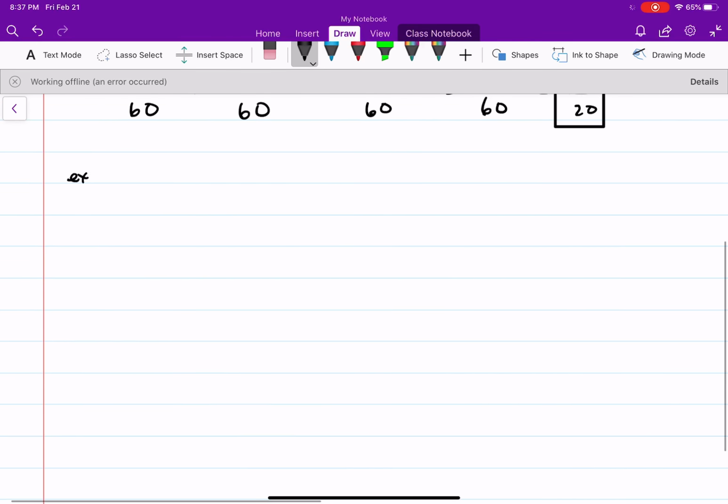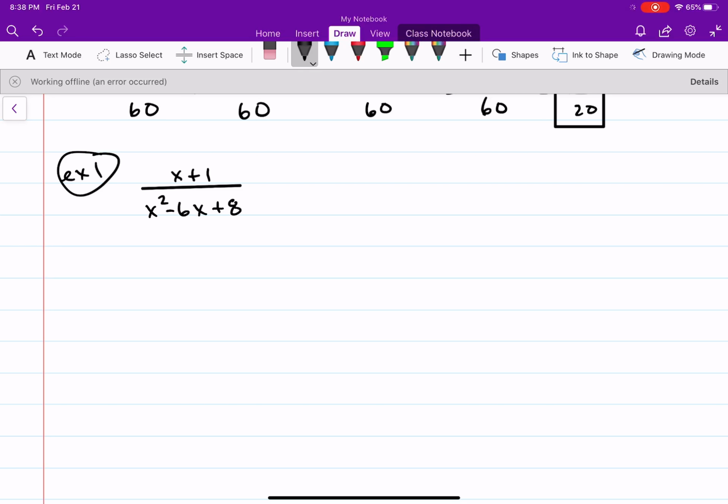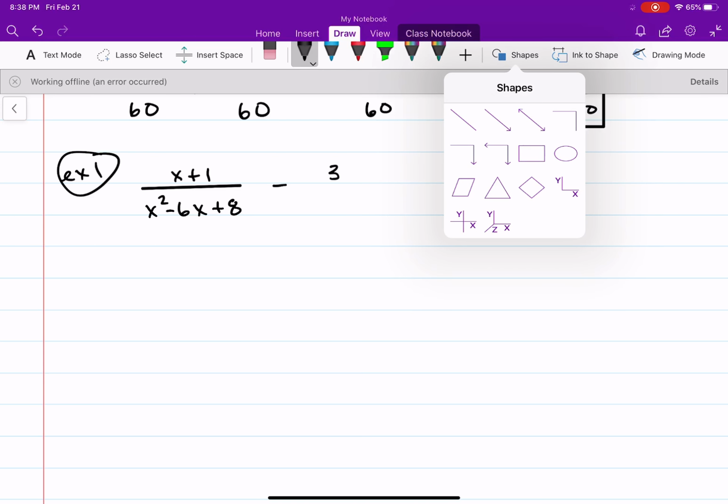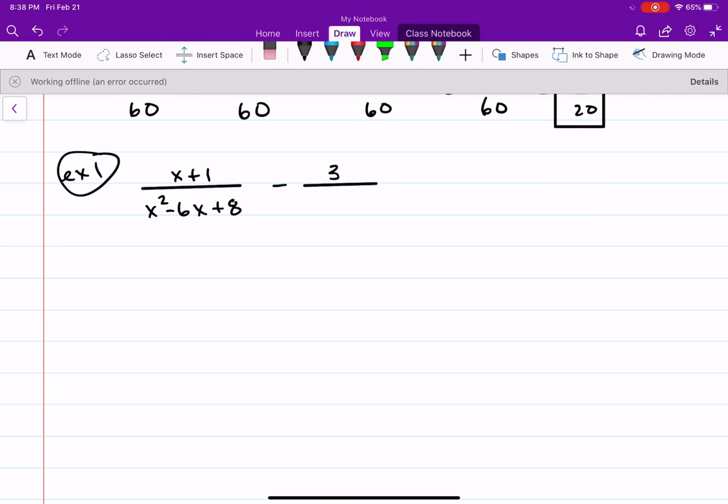Example 1. Let's say x plus 1 over x squared minus 6x plus 8, minus 3 over x squared minus 16.